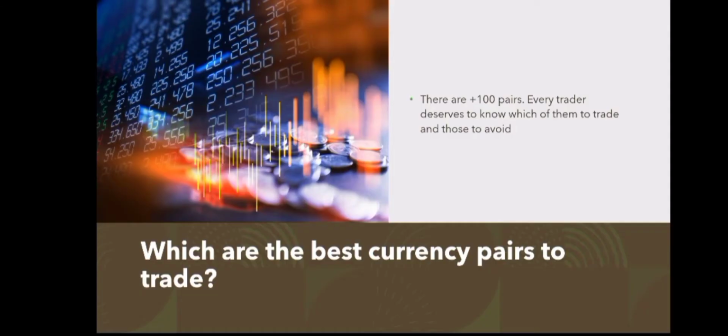So the big question is, which of the currency pairs are the best to trade? Because we know that there are over 100 pairs in the market, and as a trader you need to know which pairs to trade and which of them to avoid, and that is exactly what I will be showing you in this video.